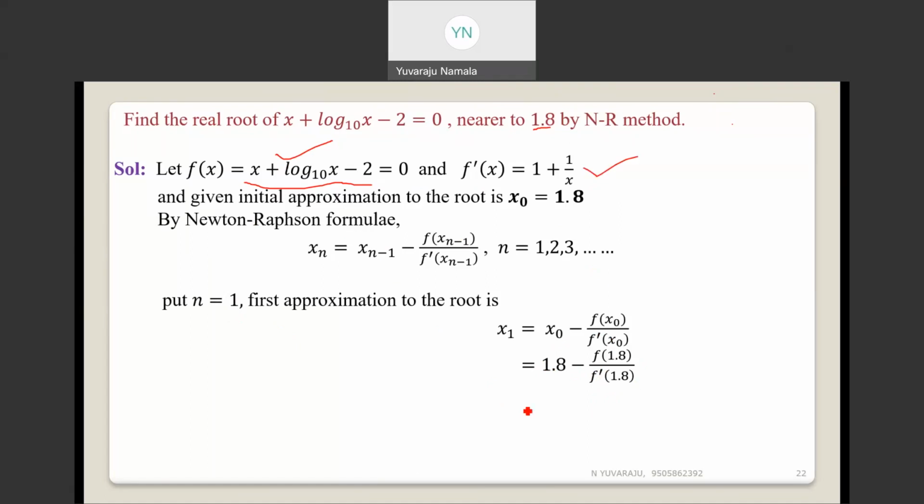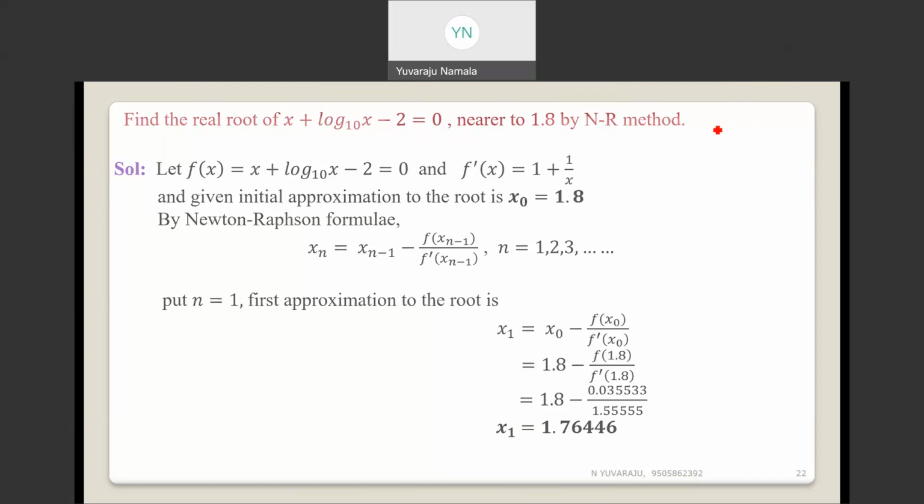Now simplification, 1.8 minus this, f of 1.8 by f dash of 1.8. So this is the first approximation, x1 is equal to 1.76446. Next, continuation, finding the second approximation.